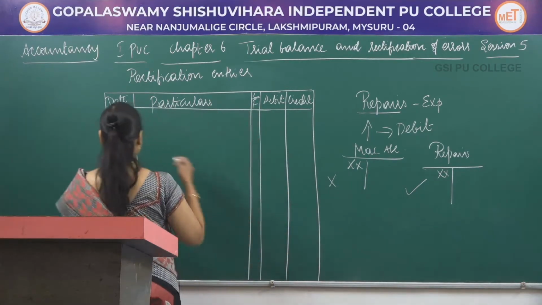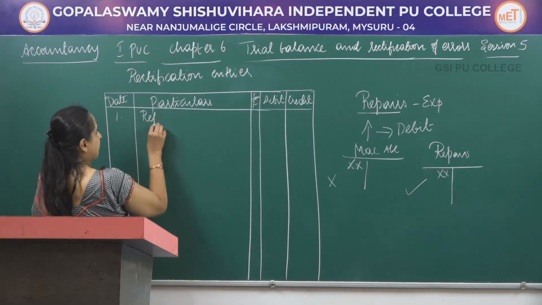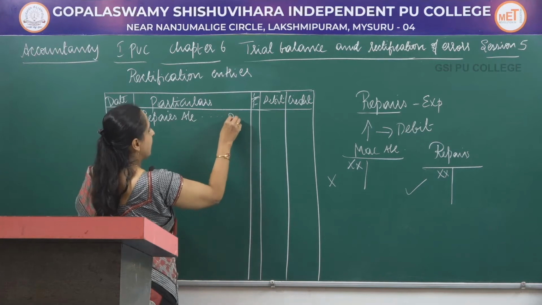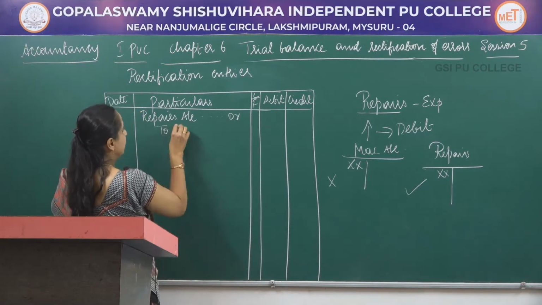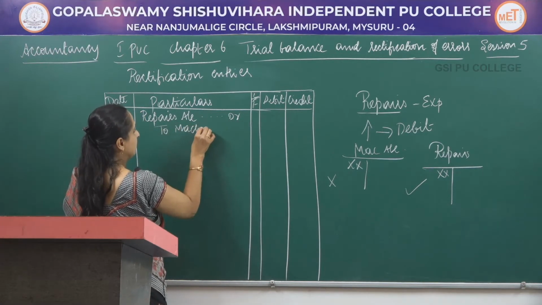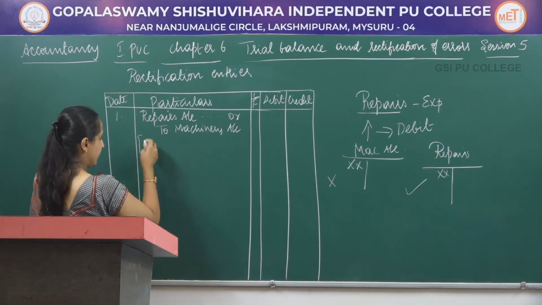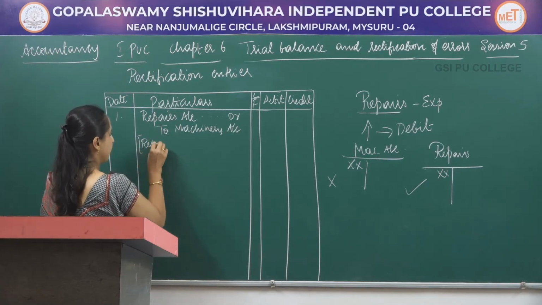So the journal entry is repairs account debit to machinery account. Now here I have to write the narration.